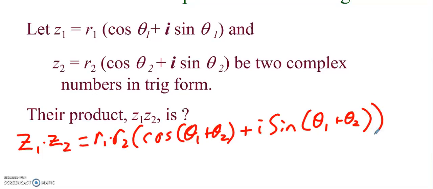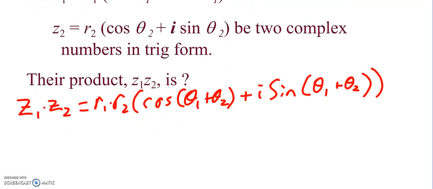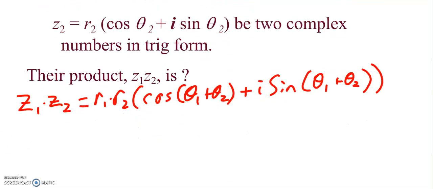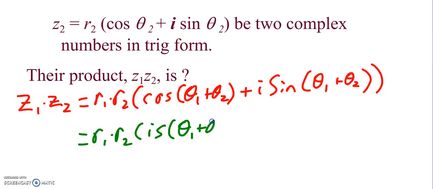So that's how we multiply complex numbers in trig form. If we write this in our shorthand, r1 r2 cis of theta 1 plus theta 2. So this is, again, what we need to understand in order to multiply complex numbers in trig form. Multiply the r values, add the angles.